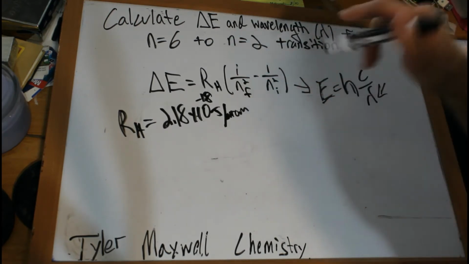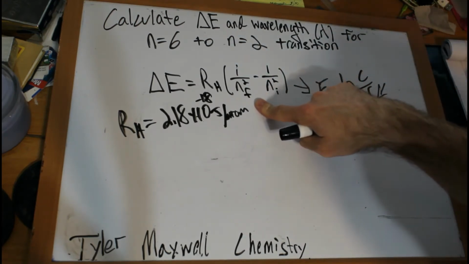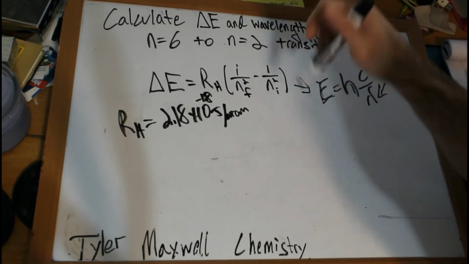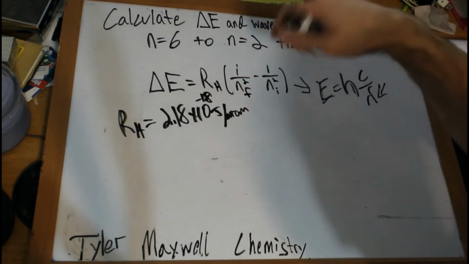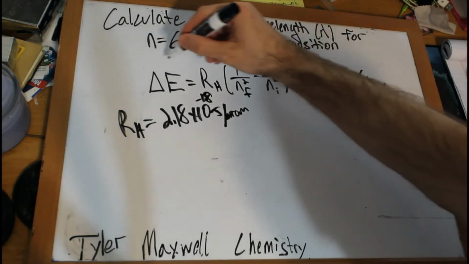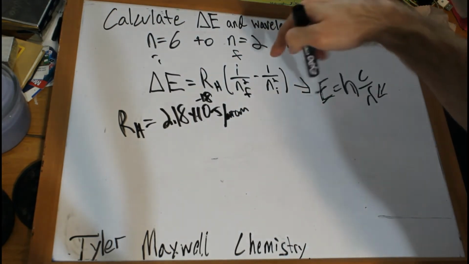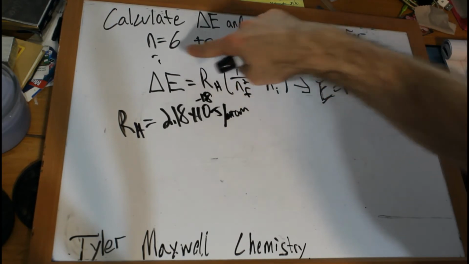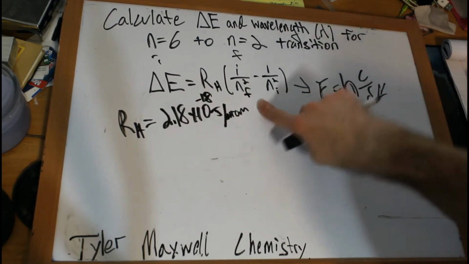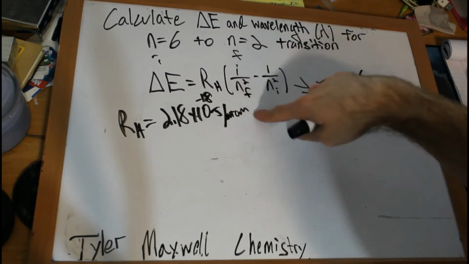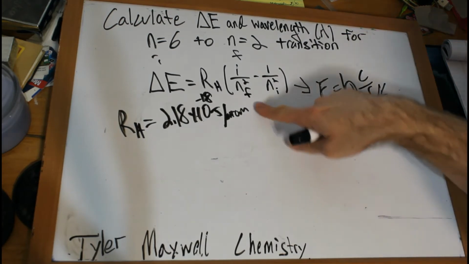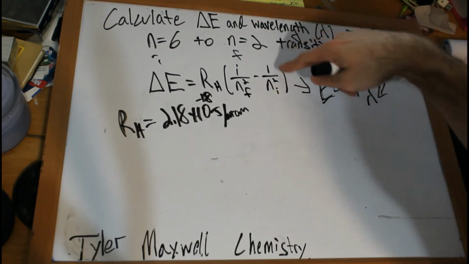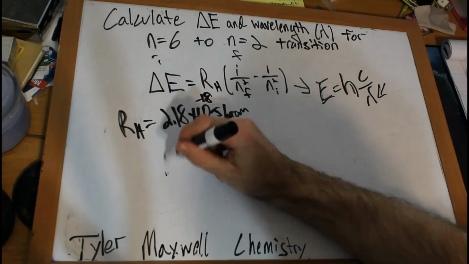So we're going to plug that in here, and we have NF, which means final energy level. If we're going from 6 to 2, this would be final and this would be initial, right? So our NF would be 2, our NI would be 6, so it'd be 1 over 2 squared minus 1 over 6 squared.